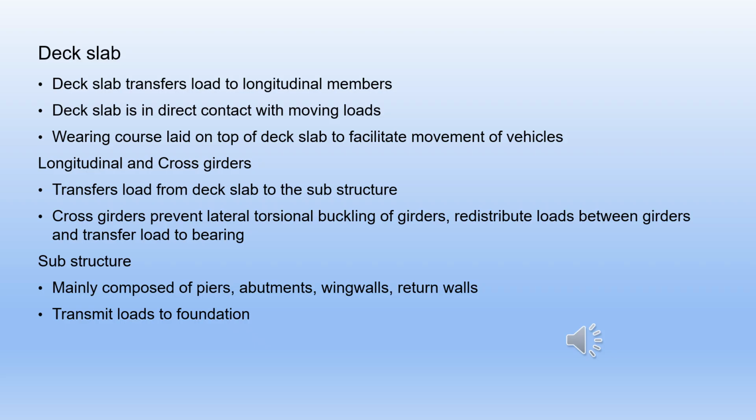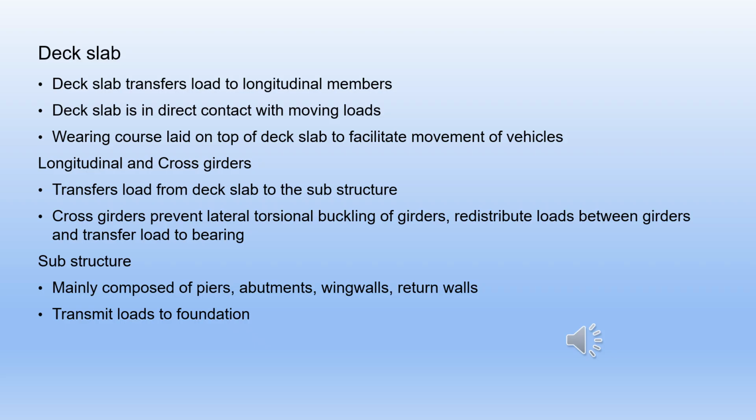Next, let's move to the longitudinal and cross girders in the bridge. Longitudinal girders are the structural members that span between piers and abutments. They transfer the load from the deck slab to the substructure. They are mostly made composite with deck slabs.